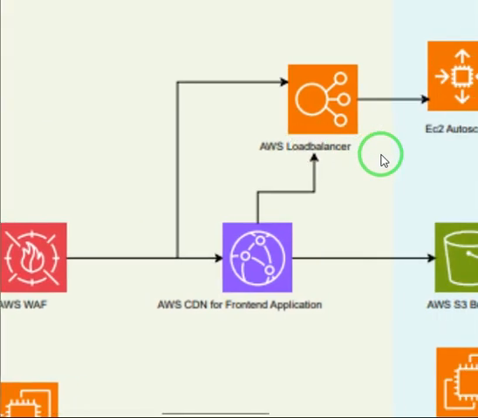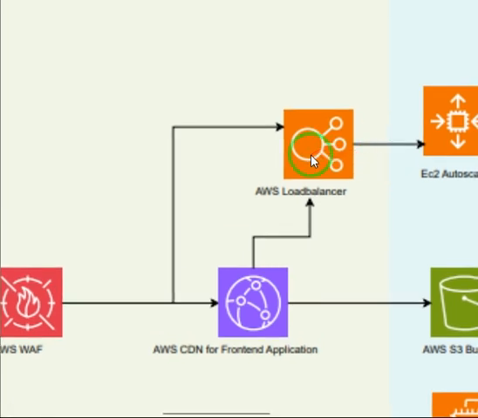And so the application load balancer automatically distributes incoming application traffic across API EC2 instances, and we configure the ALB to ensure high availability and reliability, improving the overall performance of your applications.